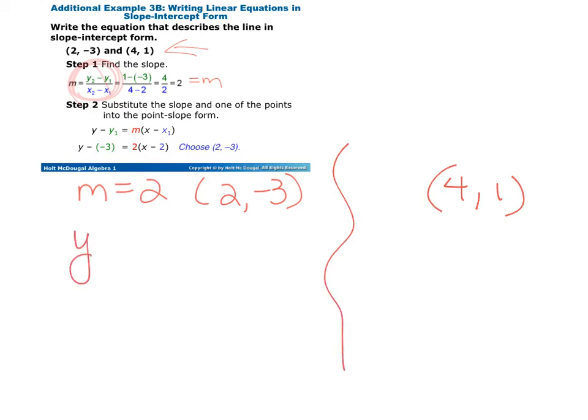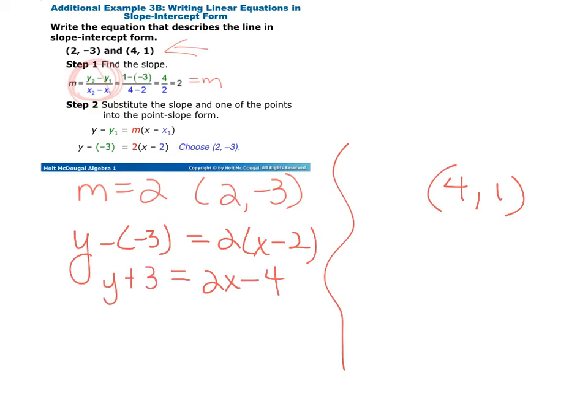So y minus -3 equals 2x minus 2. Distribute. Simplify this with negative, negative, and then move the 3. So I get y equals 2x minus 7.